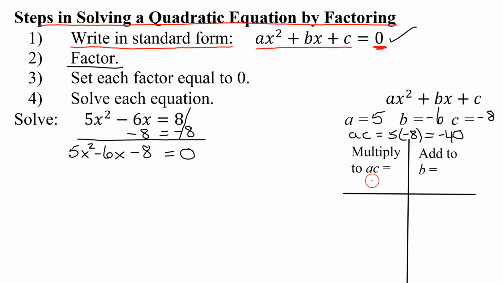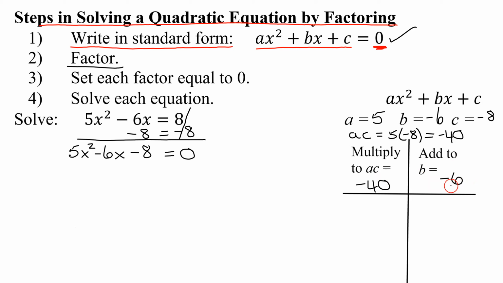So I'm looking for two numbers that multiply to AC, which is negative 40, and add to B, which is negative 6. Hopefully these two numbers come to you quickly, but if not, you can always write out the systematic table. I'm looking for two numbers that multiply to a negative. That means they have to have opposite signs.